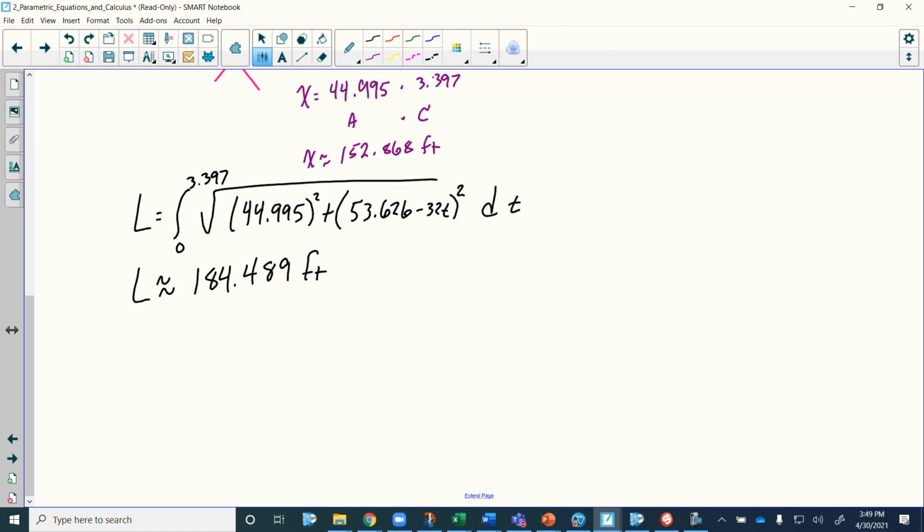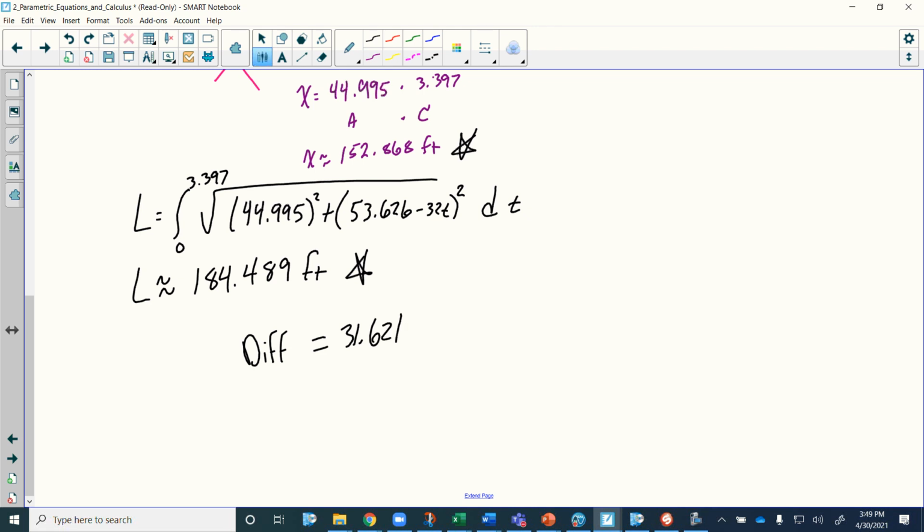So how do they compare? Well, we're going to just take the difference of this number here and this number here. Just subtract them from each other, the difference in the arc versus the horizontal length is going to be about 31.621.